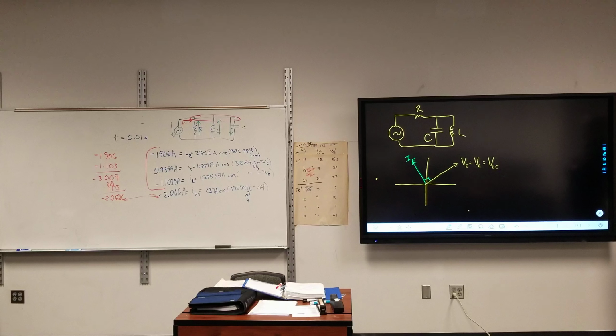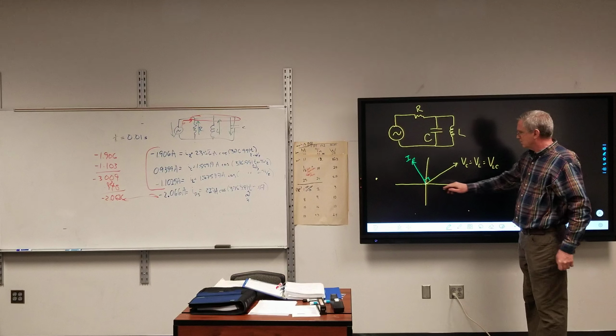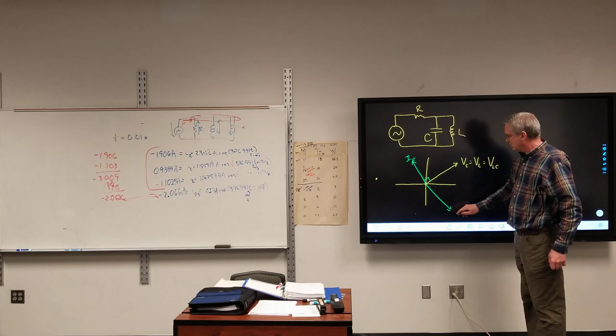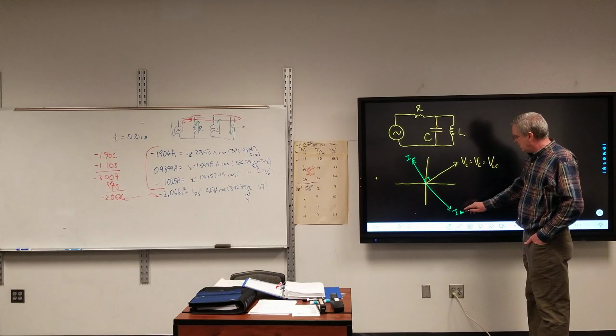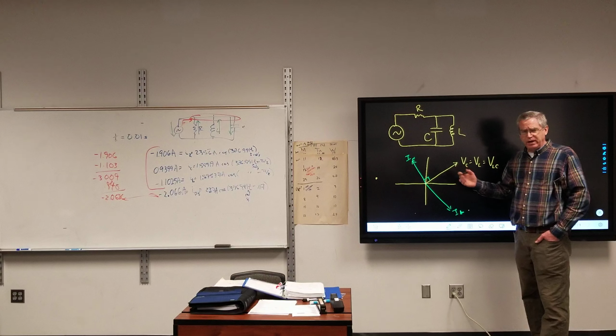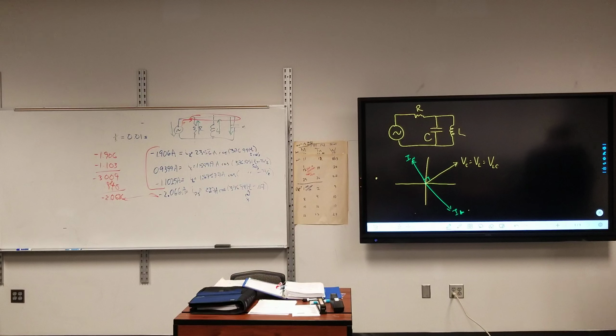And for the inductor? The opposite of that. So fourth quadrant. And I arbitrarily made IL bigger than IC. I didn't give you enough information to actually know which one's taller, bigger, longer, faster, stronger.